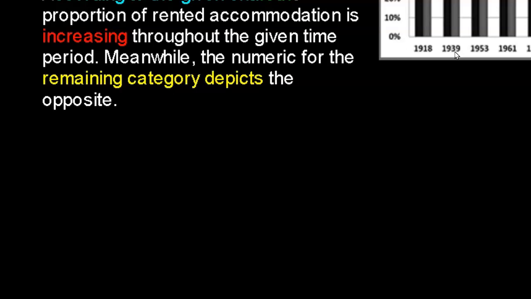We don't need to say that because it's according to the given chart. The proportion of resident accommodation is increasing throughout the given time. Meanwhile, the numeric, not used correctly there, for the remaining category out of 2 depicts the opposite. Numerics don't depict anything.